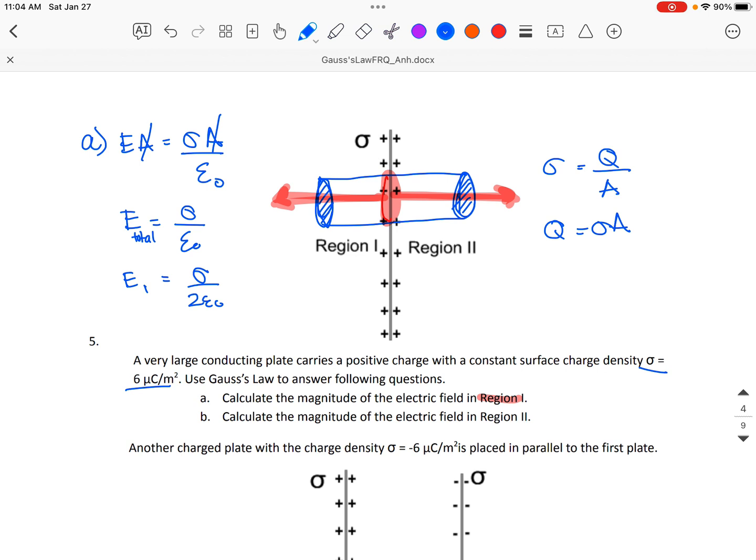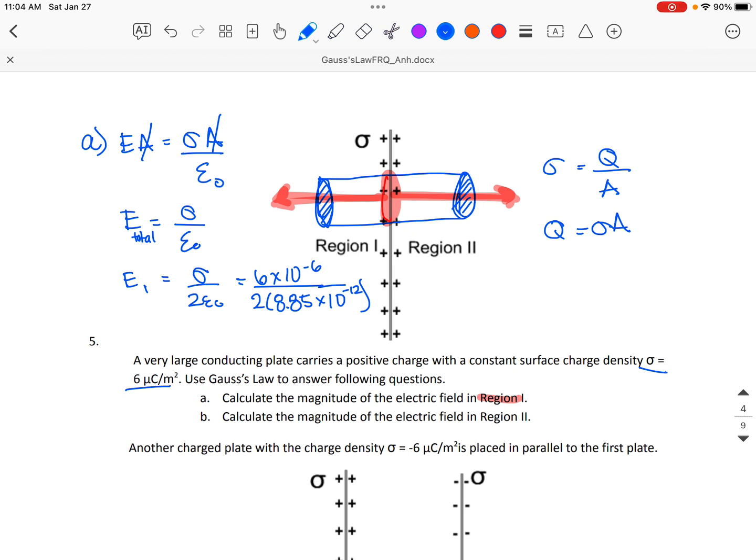Okay, so then let's plug in some values. Our sigma is equal to 6 times 10 to the negative 6 over 2 times 8.85 times 10 to the negative 12.